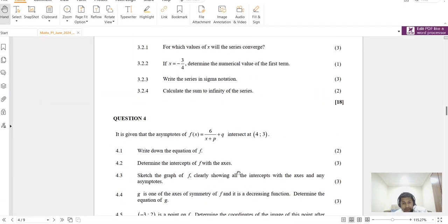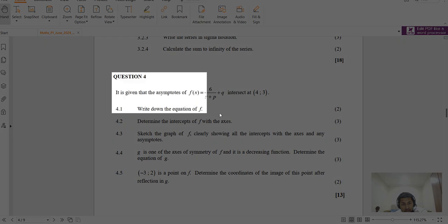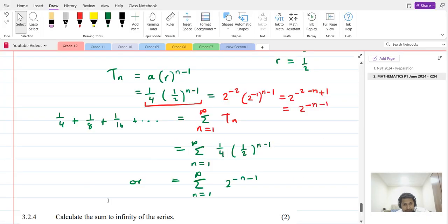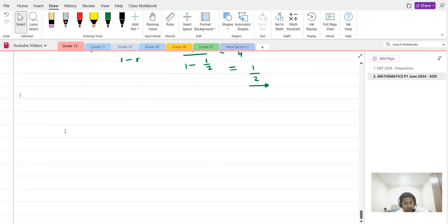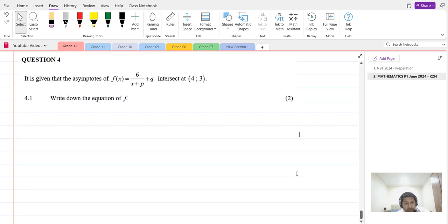Next question. Question 4 is on hyperbola, as we see here. On functions. So purely a grade 11 problem. It is given that the asymptotes of f of x intersect at 4 and 3.